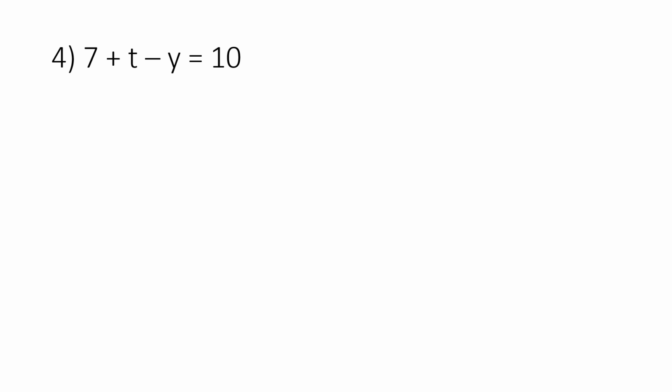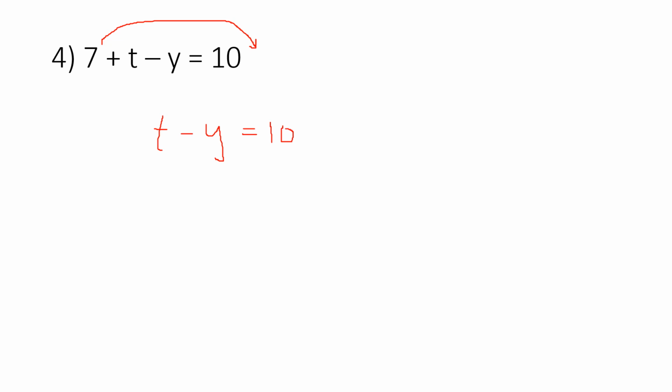So firstly, I will get rid of the 7. I will send the 7 to the other side. The 7 as it is here is positive. When I send it to the other side, it will be negative. So that should leave me with something like t minus y. Now let me not jump the gun here, because I wanted to show all these steps along the way.